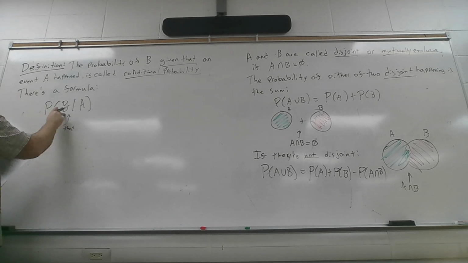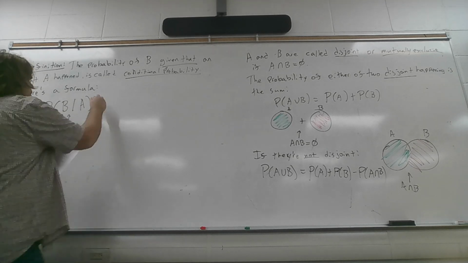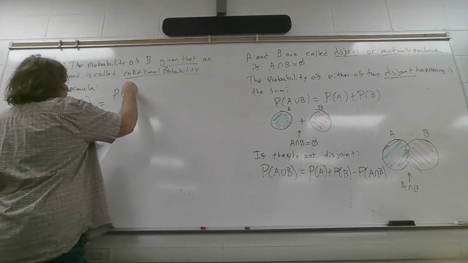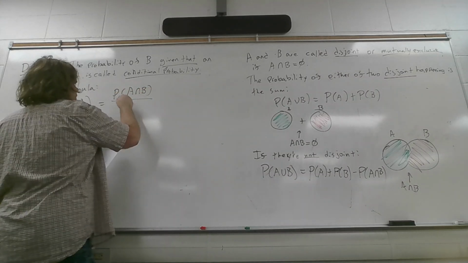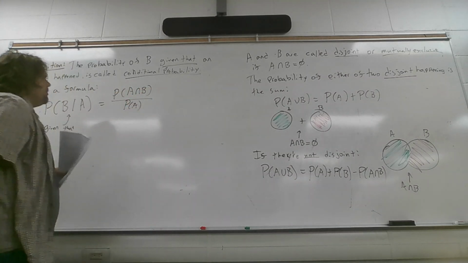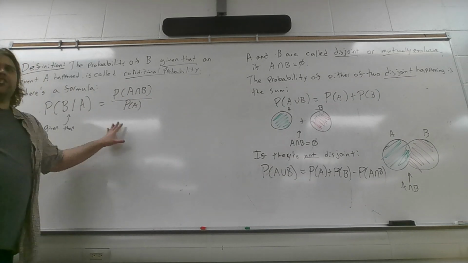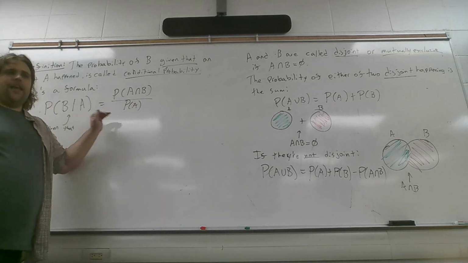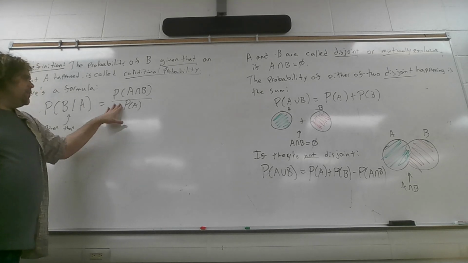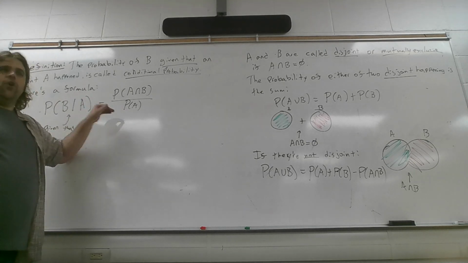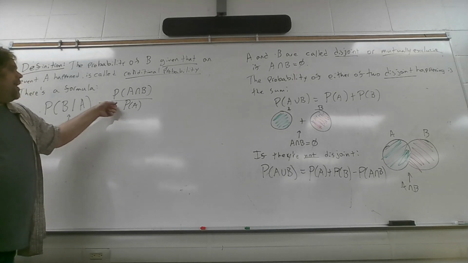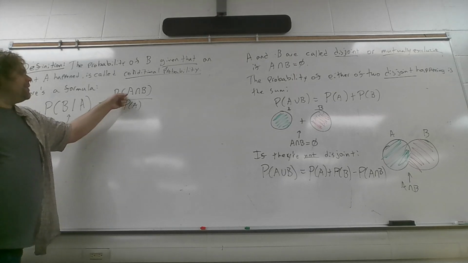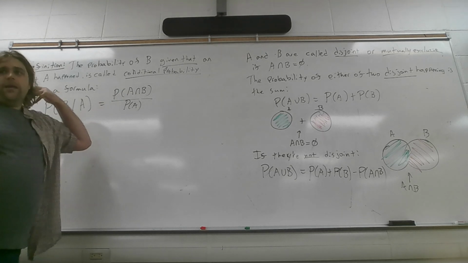So probability of B given A happened, or given that A happened, is the probability of A intersect B over the probability of A. We're restricting our attention to the outcomes in A. That's what we care about. So now our total number of outcomes is restricted to the stuff in A. And then from the stuff in A, what does it have in common with the new event B, right?